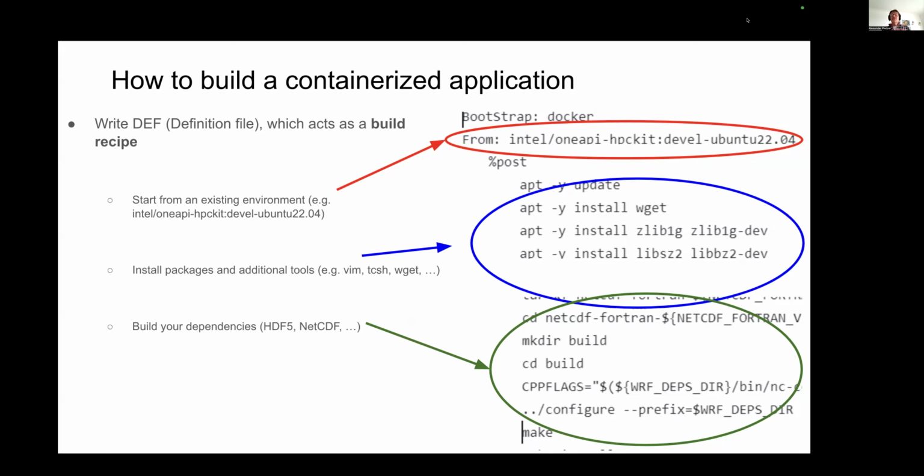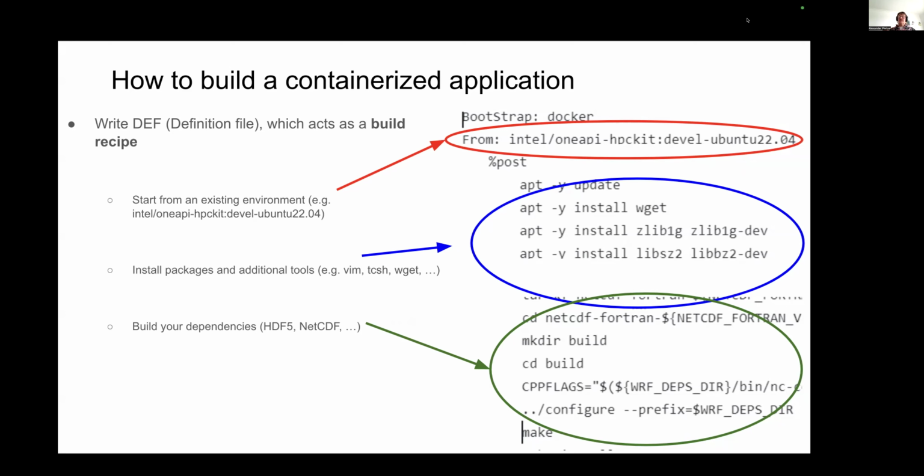Then typically in blue, you would do a system install inside that particular image, so you add your libraries. It just happens that we need wget, which is a tool to get stuff from the web, and compression libraries and other things, and they are already built for Ubuntu. So we're just using a package installation tool, which is apt in this particular case, to install those additional packages.